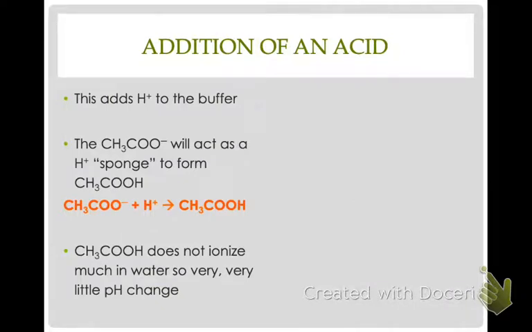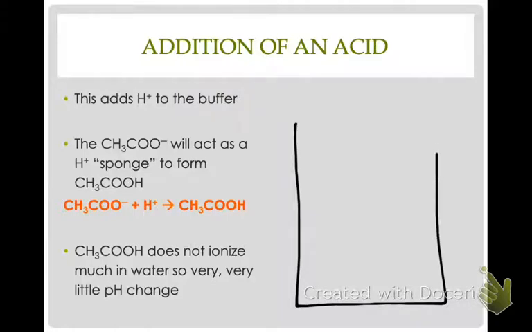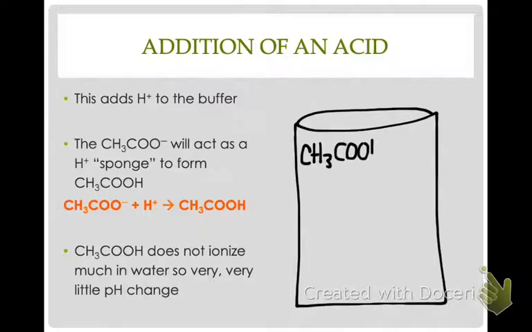So I'm going to draw a beaker of our solution so that you can see what's in this solution. So we have ethanoic acid. We also are going to have some of the ethanoate ion.